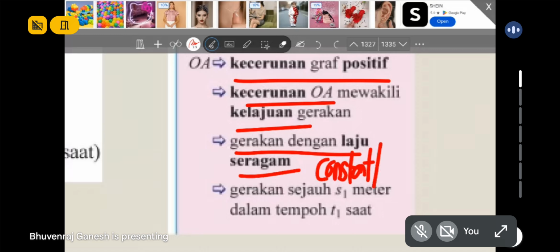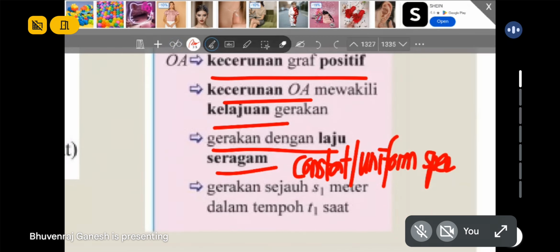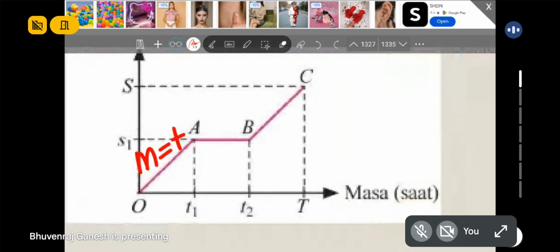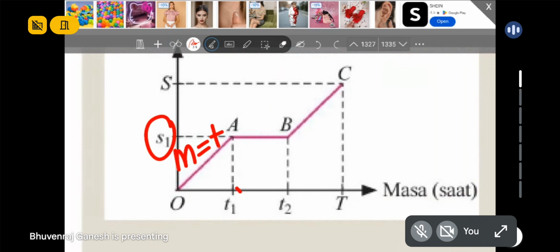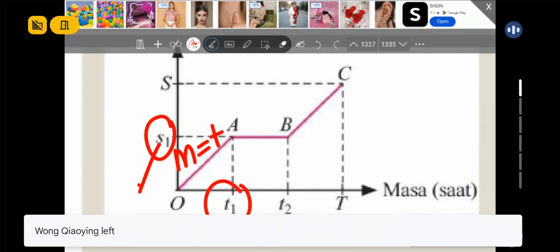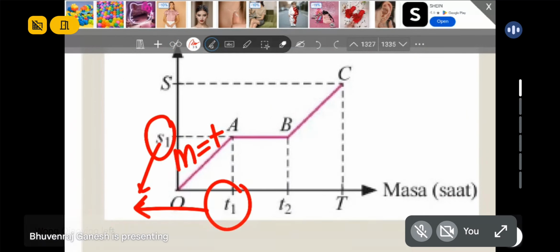Constant or uniform speed. Dia adalah laju yang seragam. So this is how you guys describe, cara huraikan. They say the distance is actually S1 meter in a time of T1 second. So make sure when you guys describe, you need to tell these values also. Kamu kena bagi tahu nilai ni berapa bila huraikan gerakan.